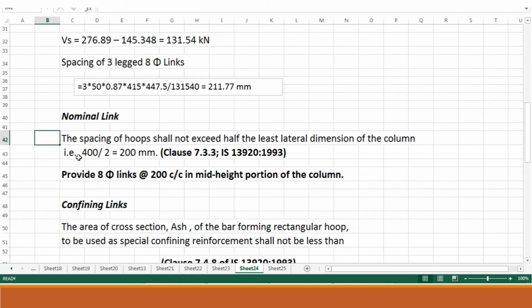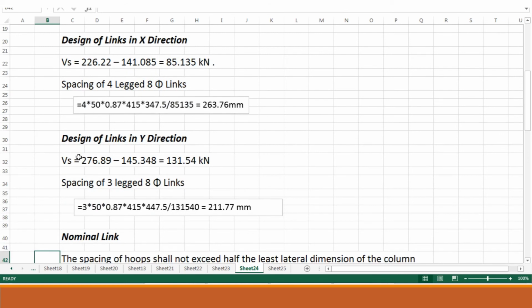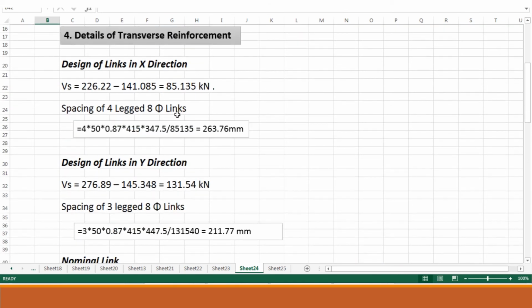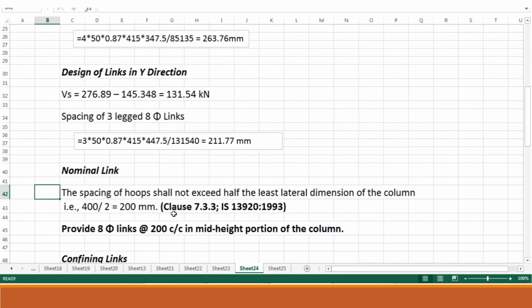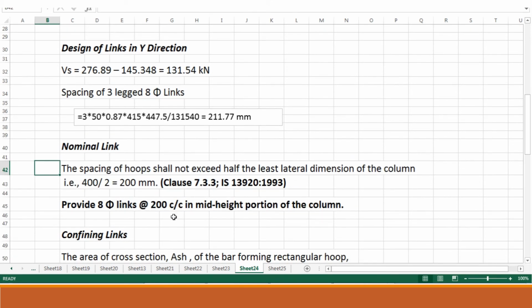Apart from providing the transverse reinforcement at this spacing, we also have to fix the spacing nominally, that is 400 by 2, that's 200 mm as per clause 7.3.3 of IS 13920.